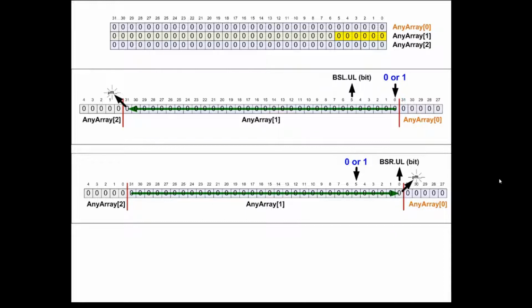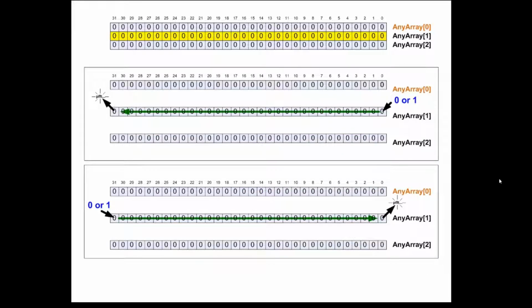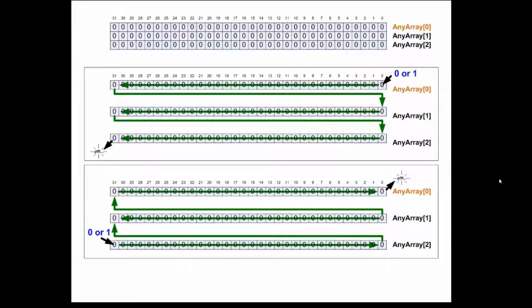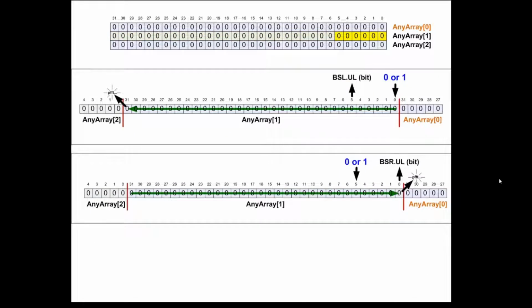They don't go from bit 31 of any array 1 into bit 0 of any array 2. So you see, looking at the boundaries of these elements, these 32-bit dints, in a linear fashion like this makes more sense than it did looking at them like this. It's best to illustrate them in a linear fashion.